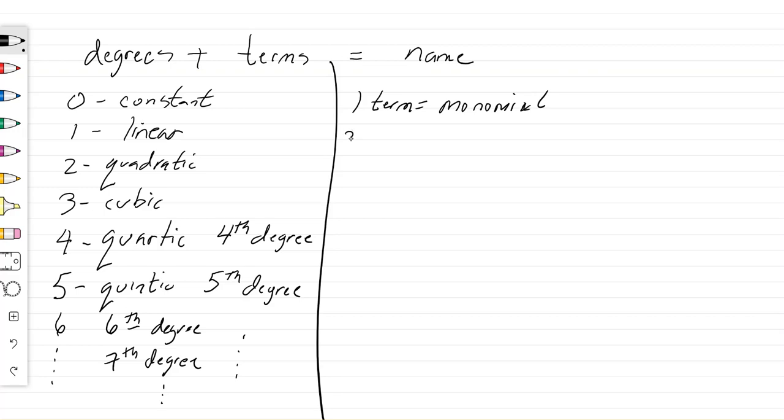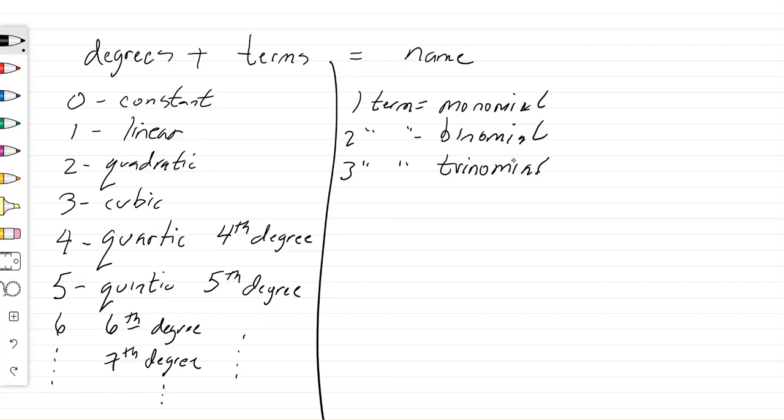Okay, we have a 2-term polynomial. We refer to it as a binomial. We have a 3-term polynomial. We refer to that as a trinomial.